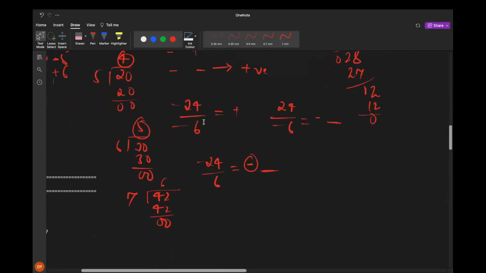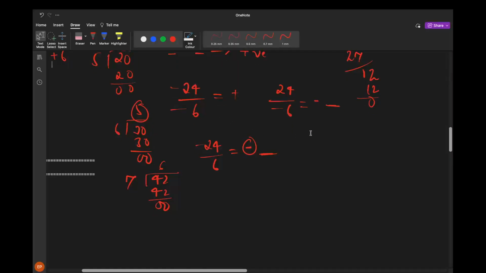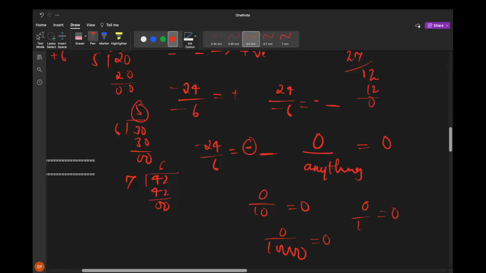And one more thing, 0 divided by anything will be 0. I mean 0 by 10 is 0, 0 by 1 is 0, 0 by 1 lakh is 0, 0 by anything will be 0.